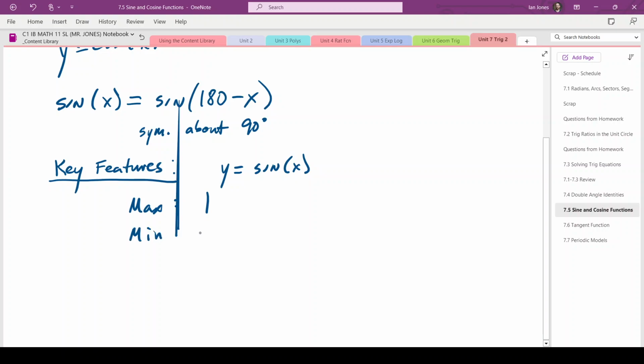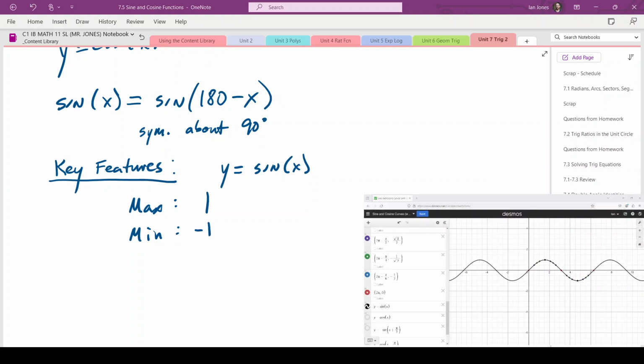Secondly, the min. The min is -1. So we never go higher than 1, and we never go lower than -1, at least until we transform it, which is what we're going to do soon. So we've got the max, we've got the min. The amplitude.